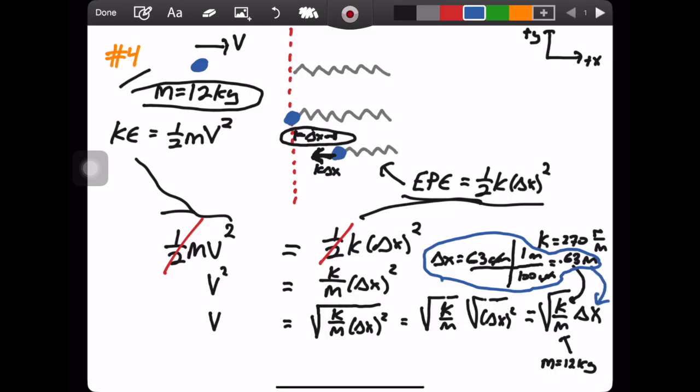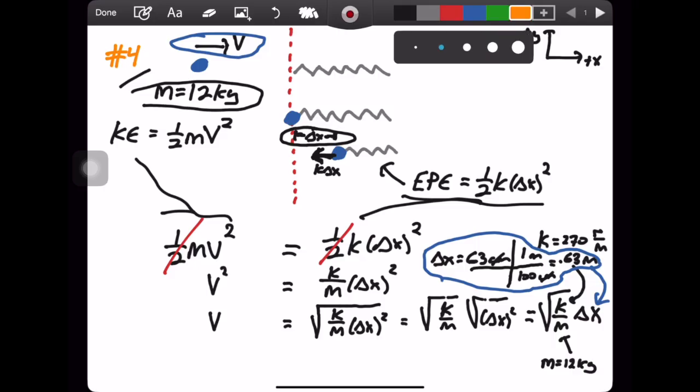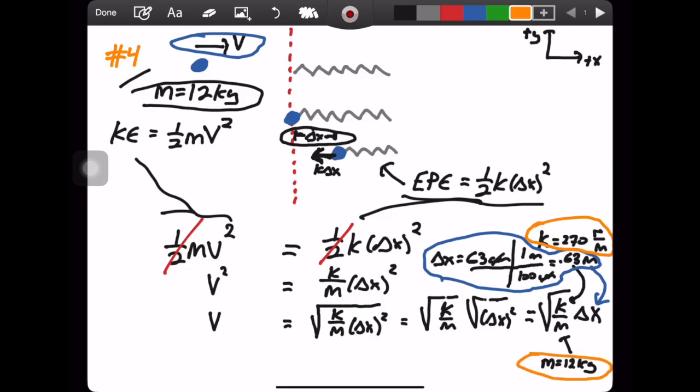So you see, you have everything you need to solve for the original velocity of the cart. It's the square root of k over m. K is the spring constant, which you're given: 270 newtons per meter. You're given the mass of the cart, and that goes in for m.